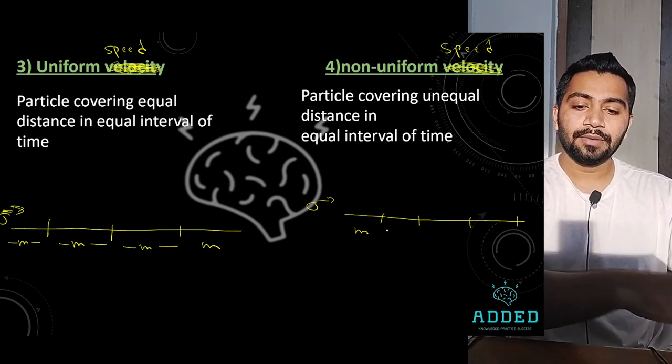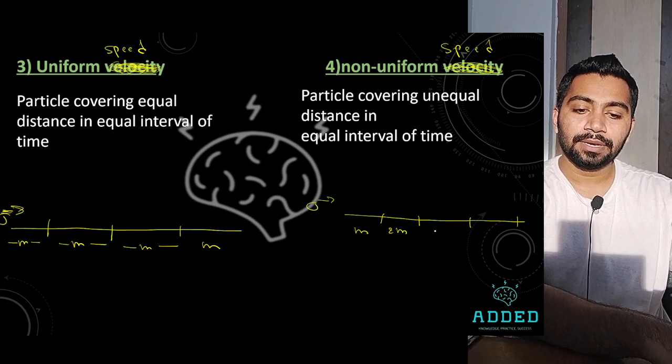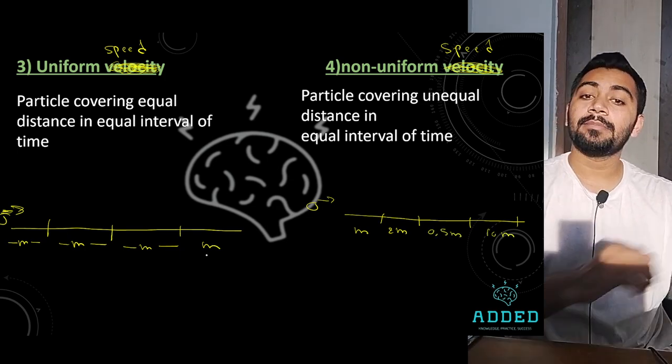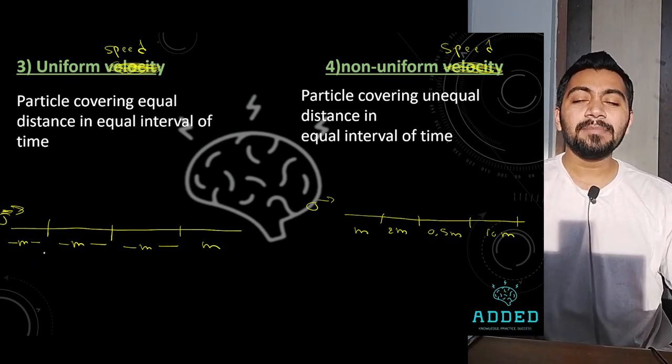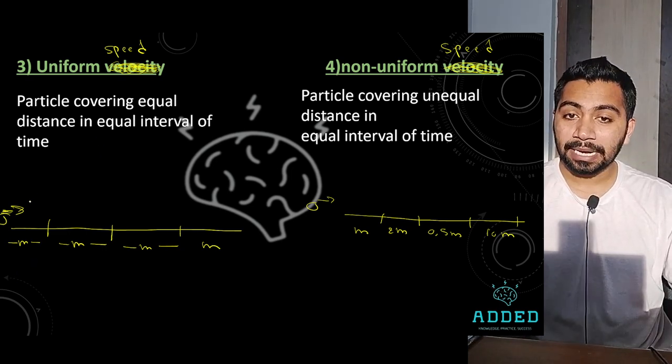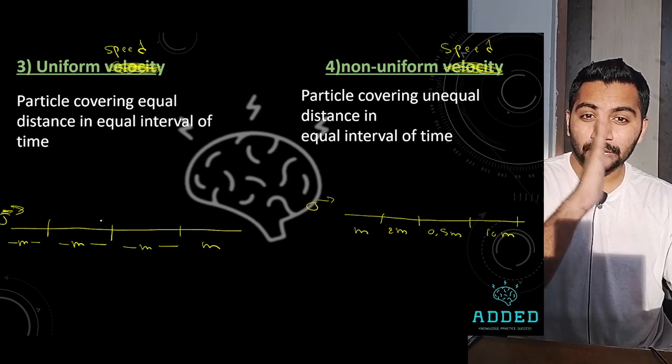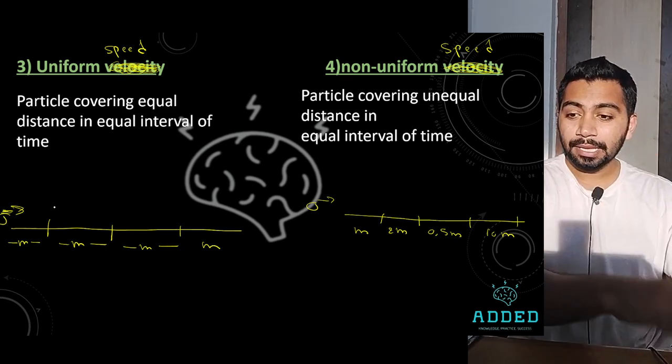It could be 2 meters, 0.5 meters, 10 meters. Now for uniform motion, the particle covers equal distance, 1 meter, 1 meter, 1 meter, or 10 meters, 10 meters, 10 meters, in equal intervals of time.